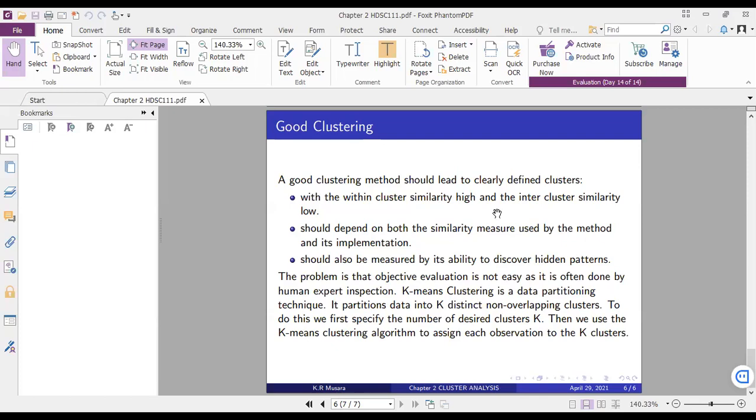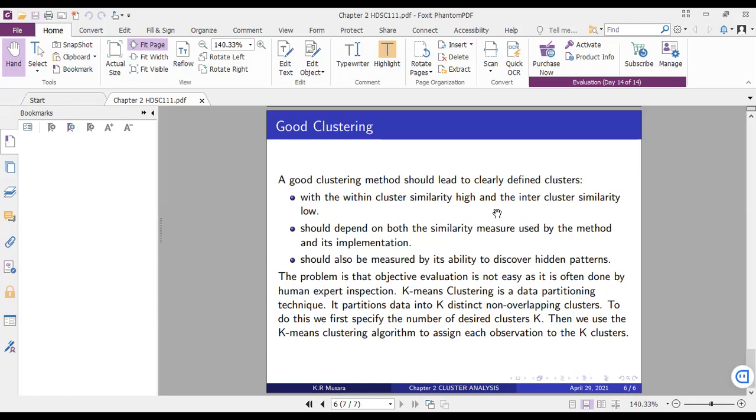So you need within-cluster similarity to be high and intercluster similarity to be what? To be low, right? That's another point. It should depend on both the similarity measure used by the method and its implementation. It should also be measured by its ability to discover hidden patterns.